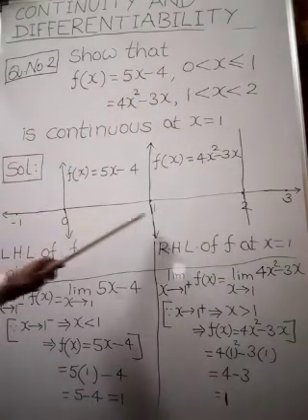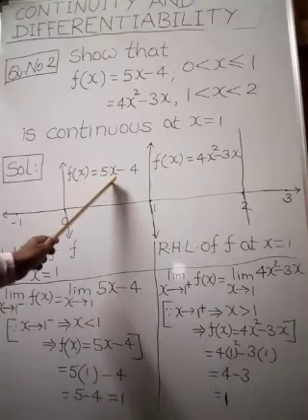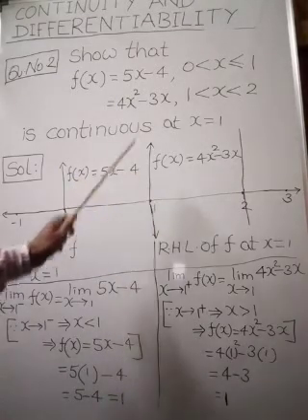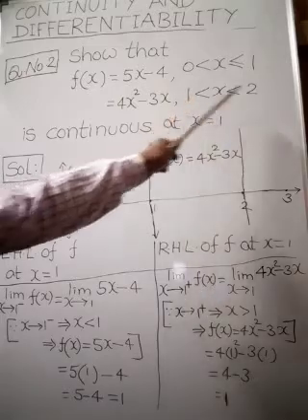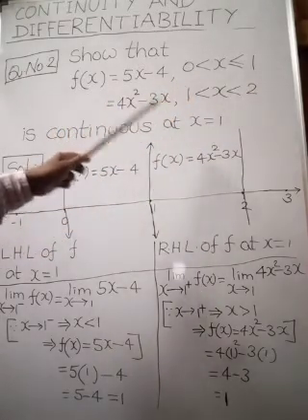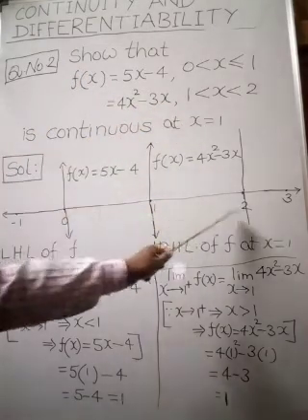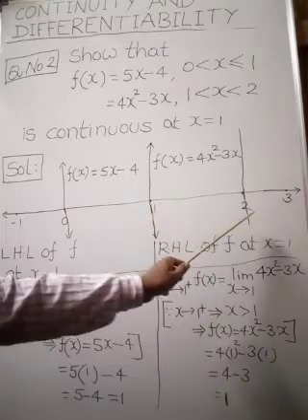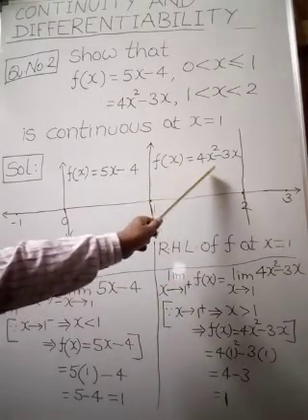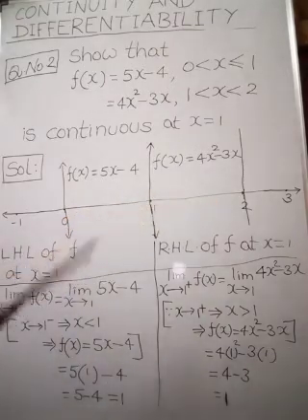So between 0 and 1, in this gap I am writing f of x is equal to 5x minus 4. Between 1 and 2, if the x value is lying between 1 and 2, then f of x is equal to 4x square minus 3x. So in this interval 1 to 2, f of x is defined as 4x square minus 3x. Understood this diagram, my dear children?